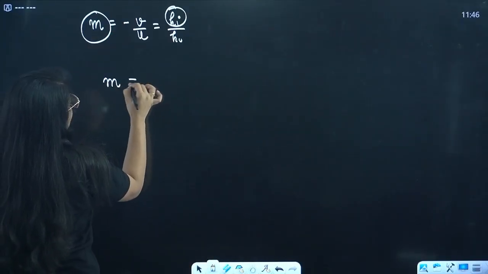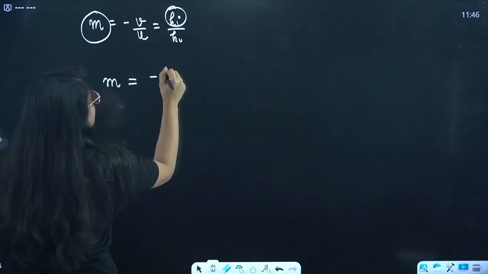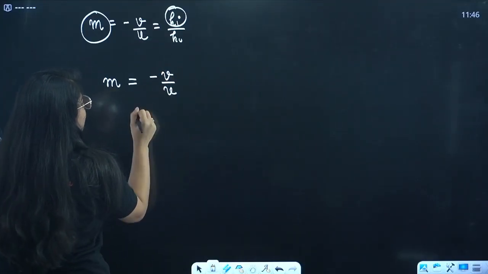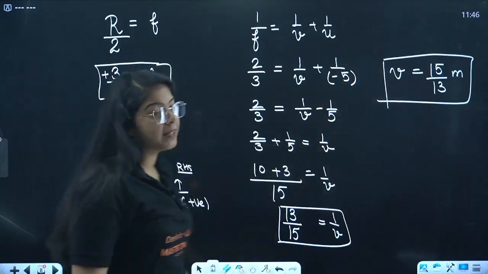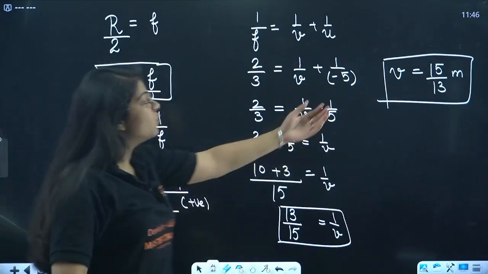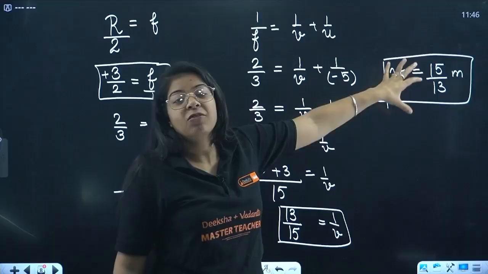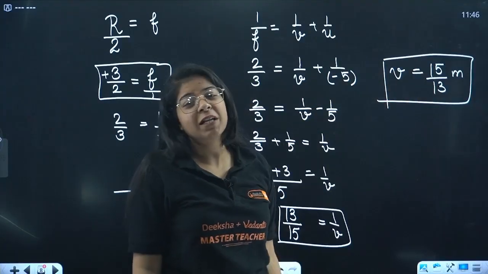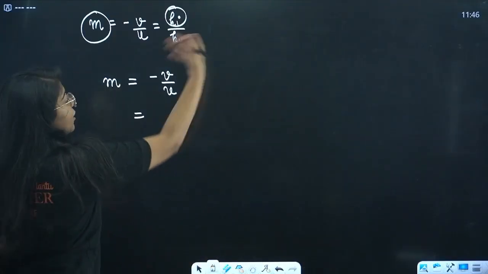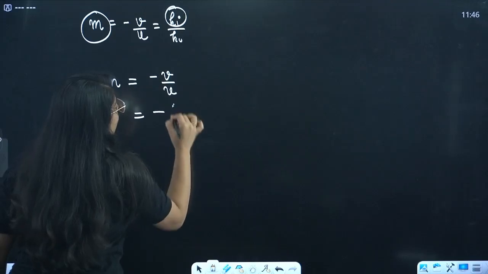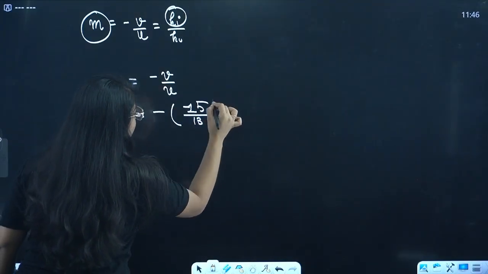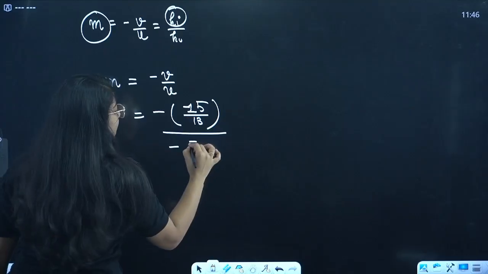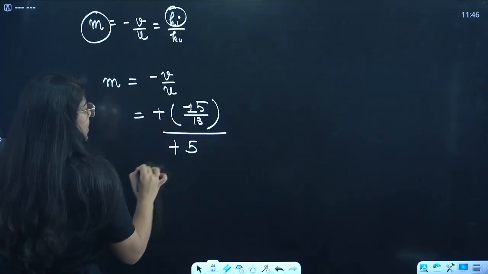How will we find it? Ma'am, there is one more formula, that is minus V by U. So V, we just found out, that is your 15 by 13. See, here is where the fraction gets used. If you had already converted it into decimal form, it would be harder to divide it by 5. So you will do minus plus 15 divided by 13 divided by U. U was minus 5. So this minus minus cancels out.